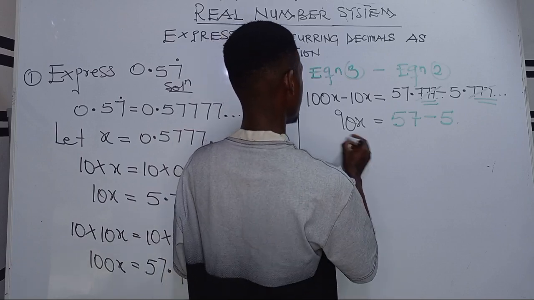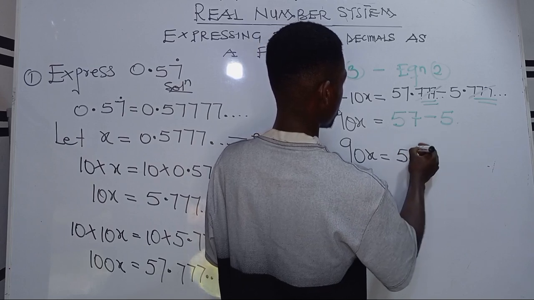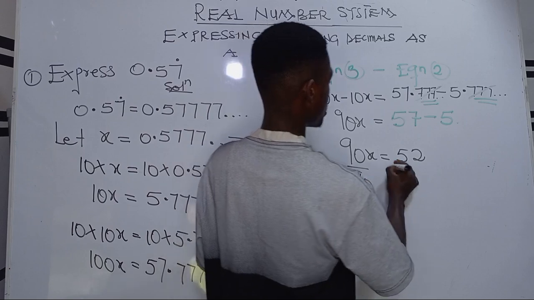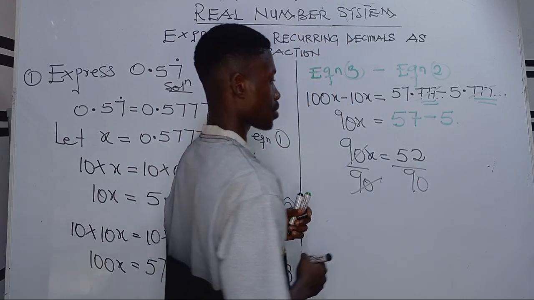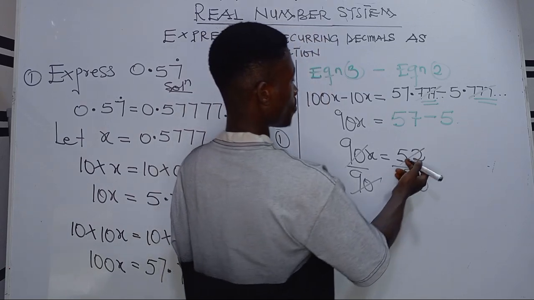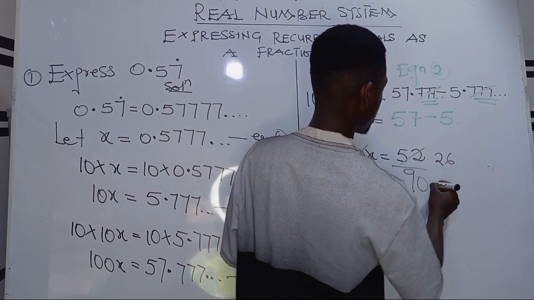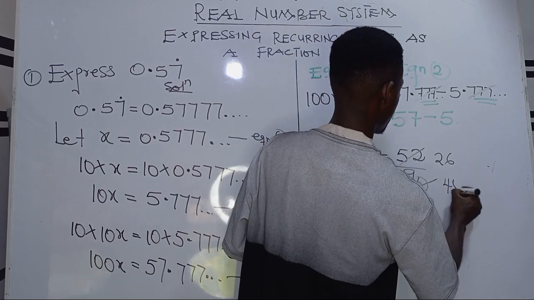So we have 90x is equal to 52. We are looking for x, so we divide both sides by 90. This and that will go. 2 into 52, we have 26, and 2 into 90, we have 45.